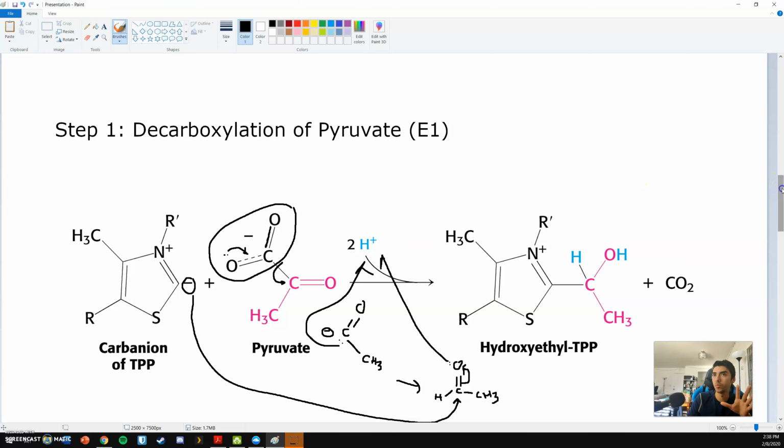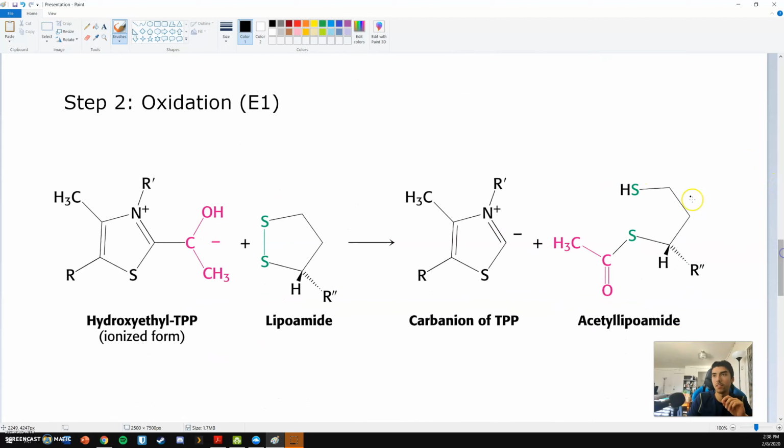which we can now proceed into the second step, which would be the oxidation of this new intermediate.